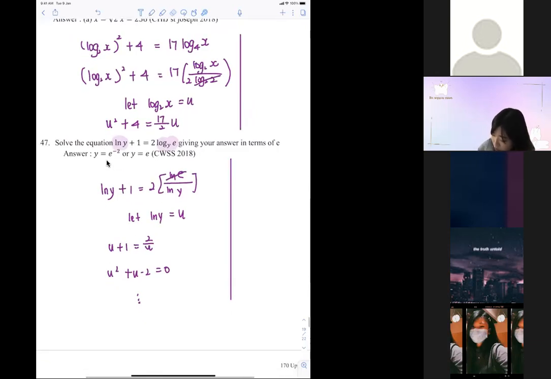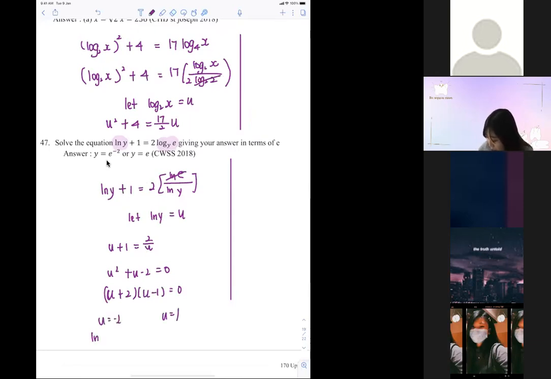Okay, so once you solve, you will get u minus 2, u plus 1. So u plus 2, u minus 1 equals to 0. So u equals to minus 2, u equals to 1.